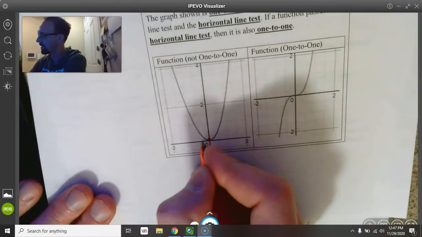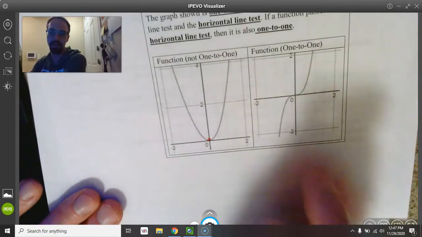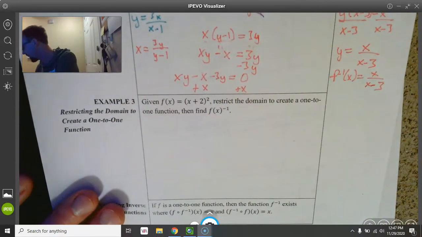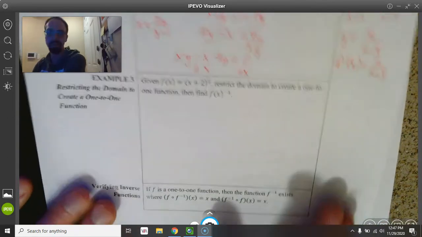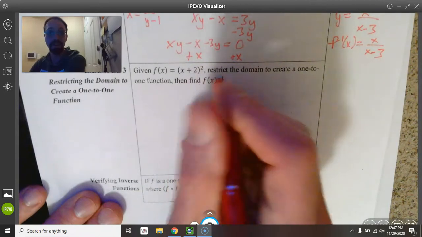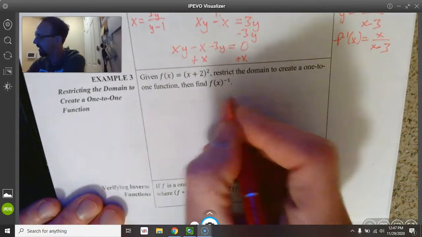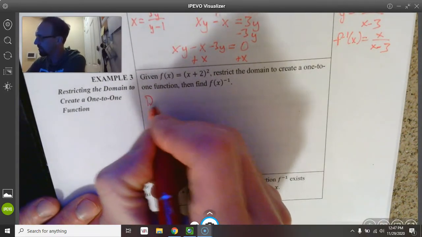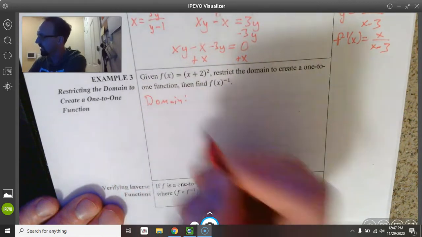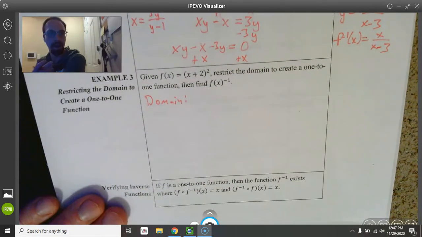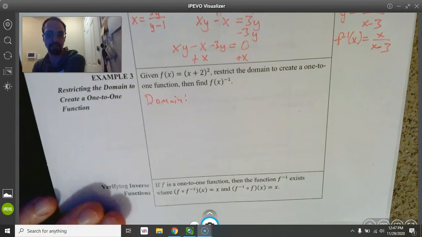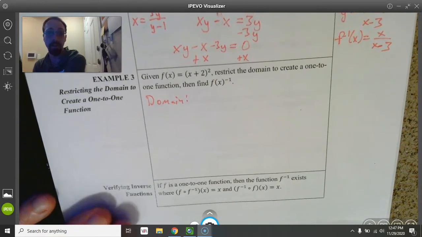That's where it starts repeating. These x values are going to repeat to have the same y values. So what I need to do is restrict this domain so that I can have a one-to-one function. So my domain restriction in this case has to be in a situation that when I have my unique x values, it gives me unique y values.